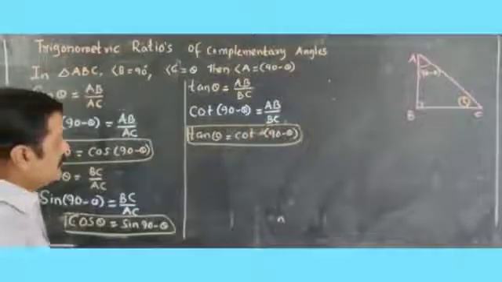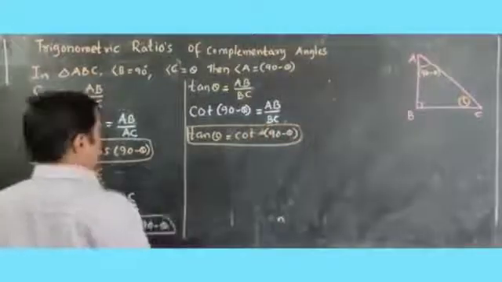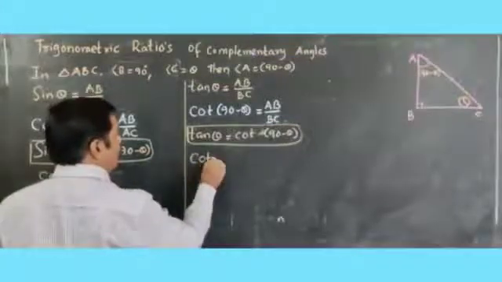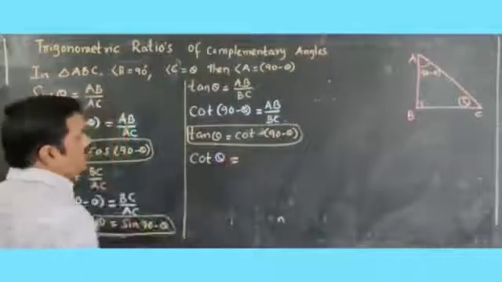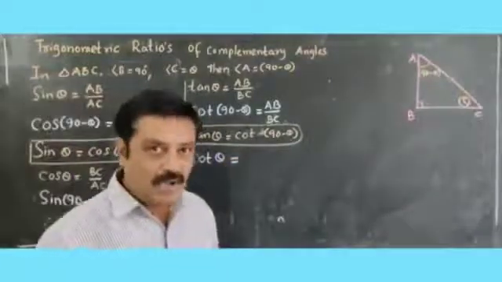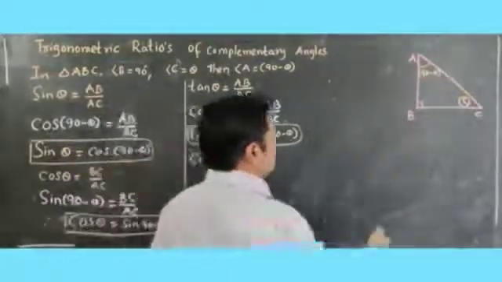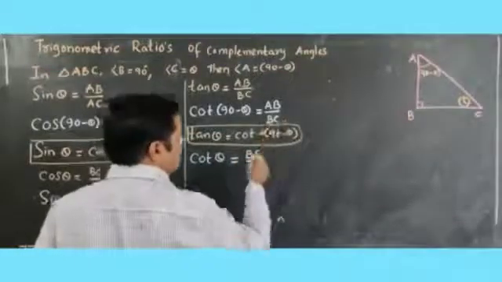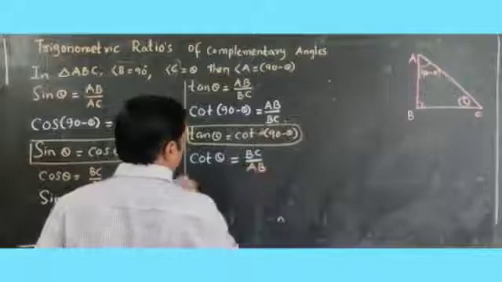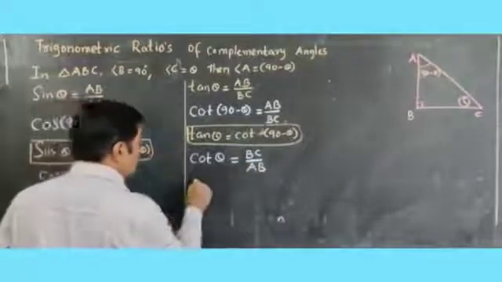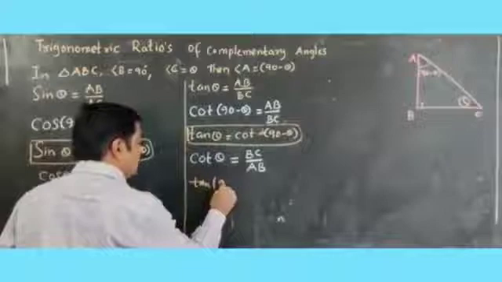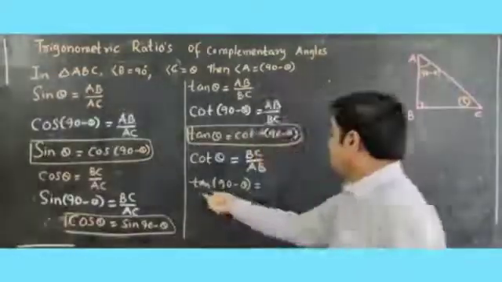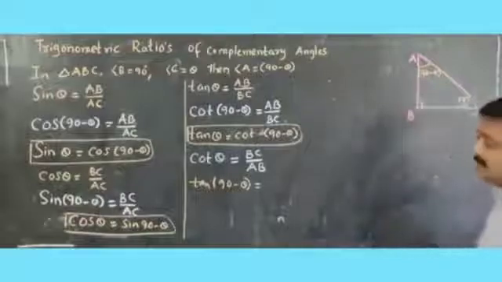Is it clear? Right. Next, check cot theta. Cot theta means adjacent side by opposite side. Theta's adjacent side is BC, opposite side is AB. Okay, I find out tan 90 minus theta. Tan means opposite side by adjacent side.